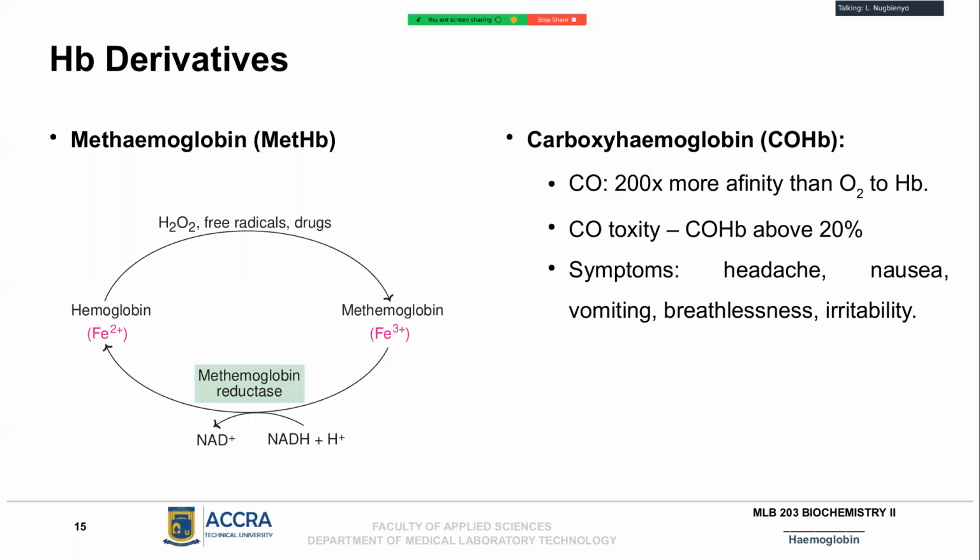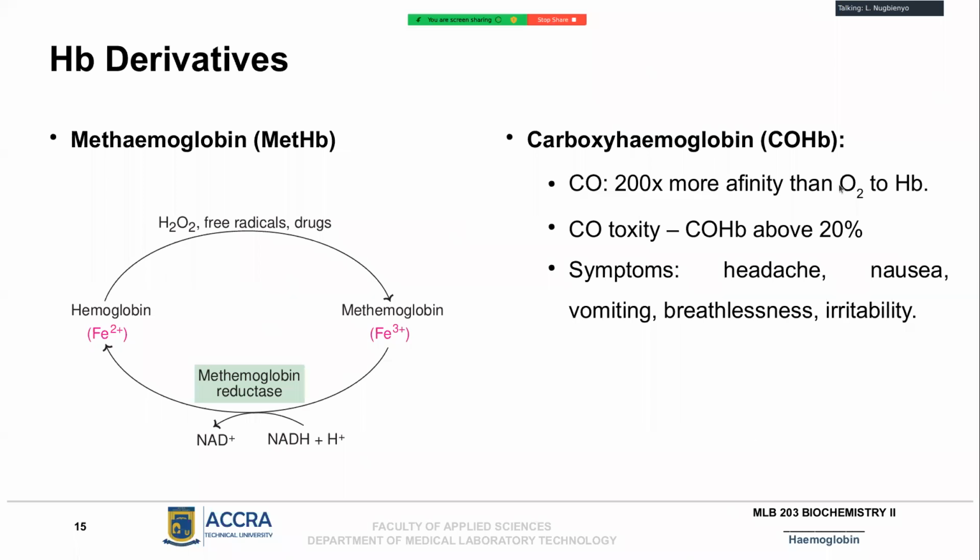Now it's interesting to note that hemoglobin has about 200 times more affinity for carbon monoxide than oxygen, so that in high amounts of carbon monoxide in the atmosphere, hemoglobin will bind tighter to carbon monoxide than to oxygen.